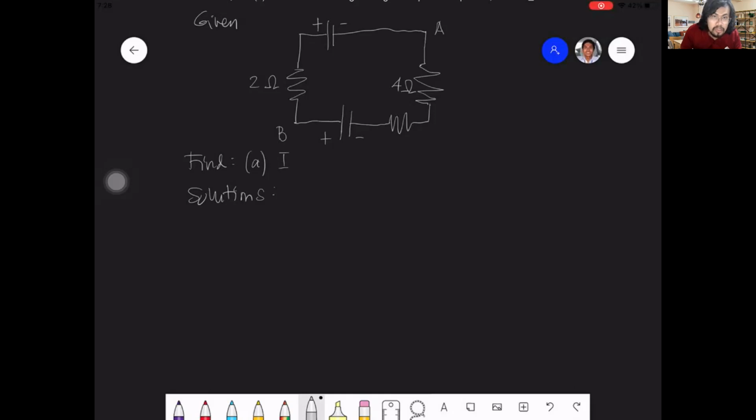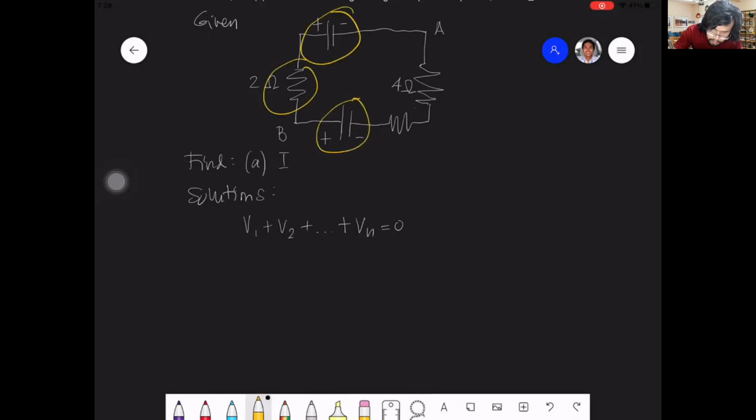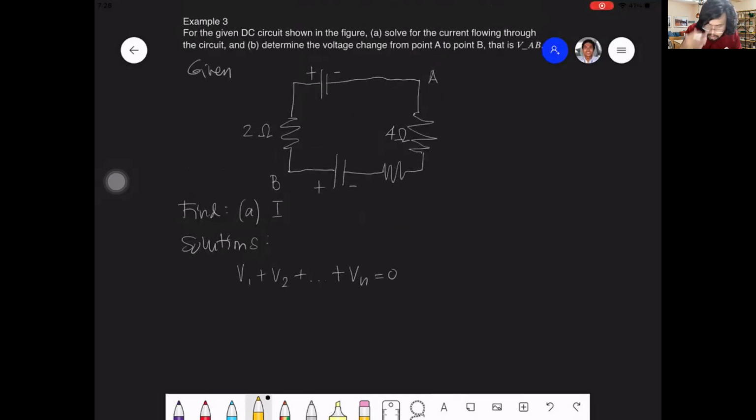So the voltage across all the elements will sum up to 0. And we have how many elements? 1, 2, 3, 4. So we can start with the convention. Oh, sorry, I forgot to put the values of the voltages. This is 4 volts, and this is 10. This is 10 volts.